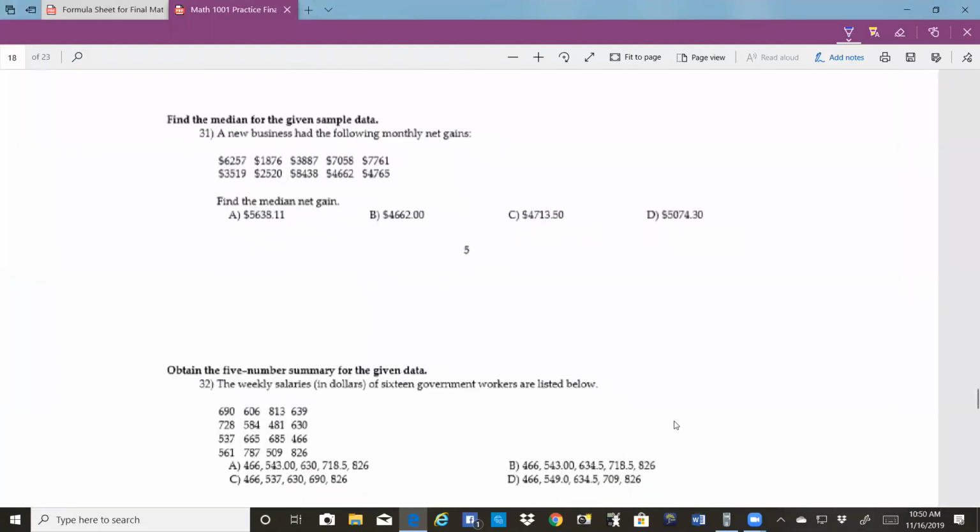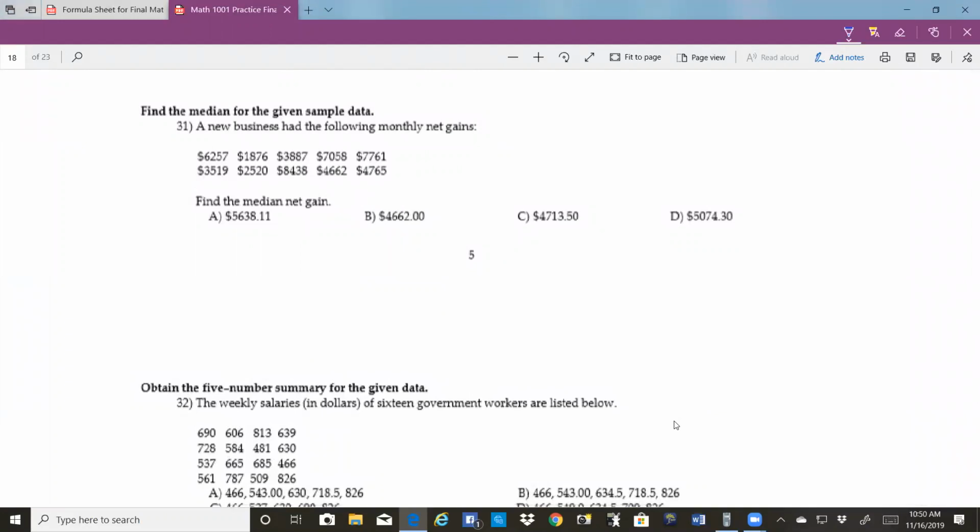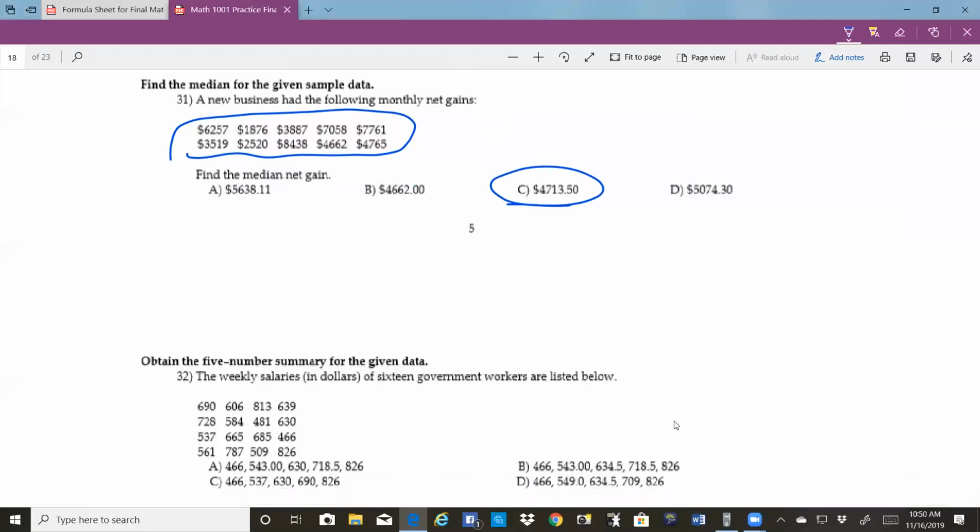Okay. Number 31, we want to find the median for the data given here. I'm going to just assume that you can do that. The answer is this, and in the next problem, I'm going to actually put the data in when we calculate the 5-number summary.